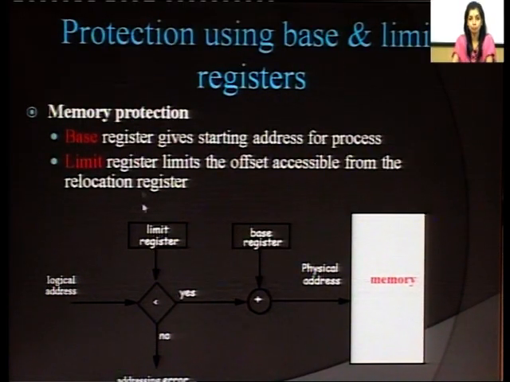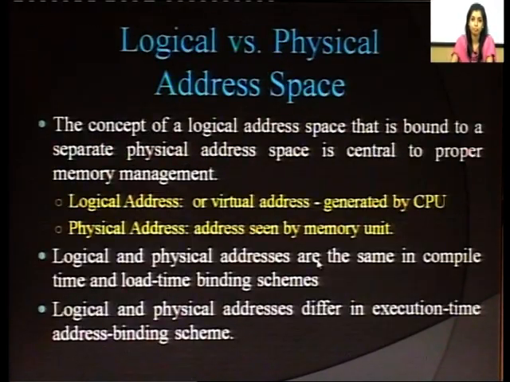Here is the condition: if the limit value is exceeded, that means it is greater than the limit, there is an error. If it is less than, then add the base register value, and it is converted into physical addresses in the memory.